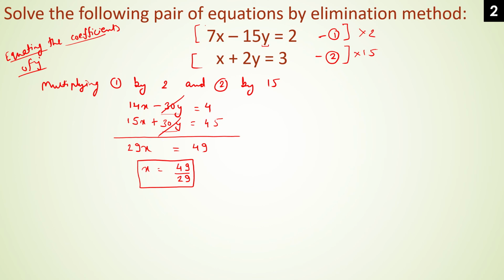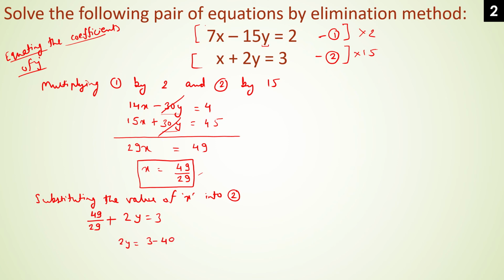Now let us put the value of x into any of the equations. We are substituting the value of x into the second. So substituting the value of x into the second, we get 49 by 29 plus 2 times y equals 3. So 2y equals 3 minus 49 by 29.